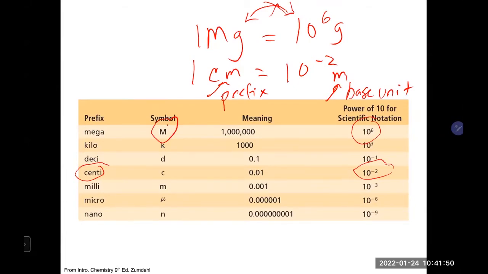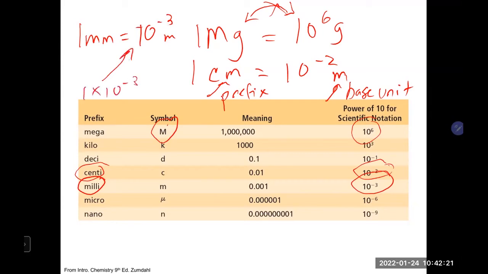And again, it's the opposite of that. You want to make sure you don't catch yourself in that problem. Same idea here. If we had milli, it is 10 to the minus 3. And if we had 1 millimeter, that would equal 10 to the minus 3 meters. By the way, 10 to the minus 3 is really the same thing as 1 times 10 to the minus 3 if you were to put that into scientific notation.